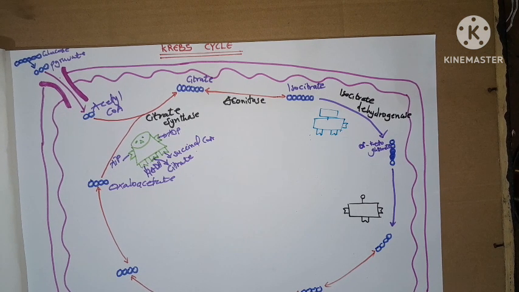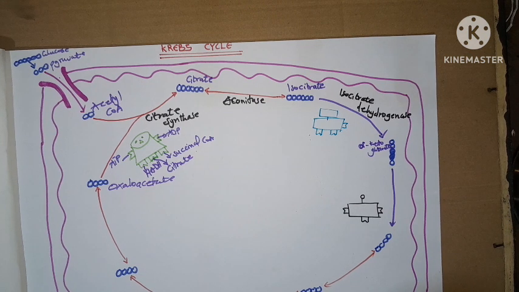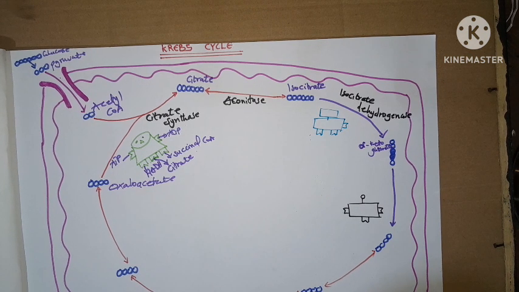From isocitrate to alpha ketoglutarate is an irreversible step, and alpha ketoglutarate is a 5-carbon molecule, meaning we lost a carbon in the form of carbon dioxide. That is a decarboxylation.